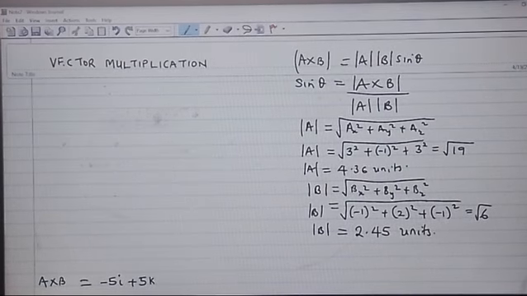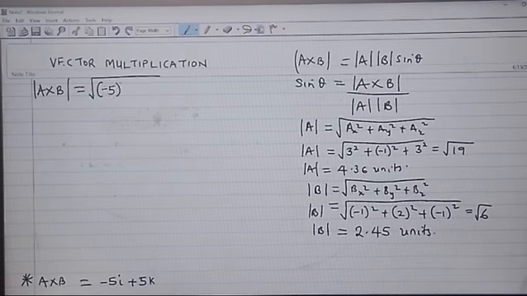Now we proceed to find the magnitude of A cross B. This is A cross B, so the magnitude will be minus 5 squared plus 5 squared, which is square root of 50.